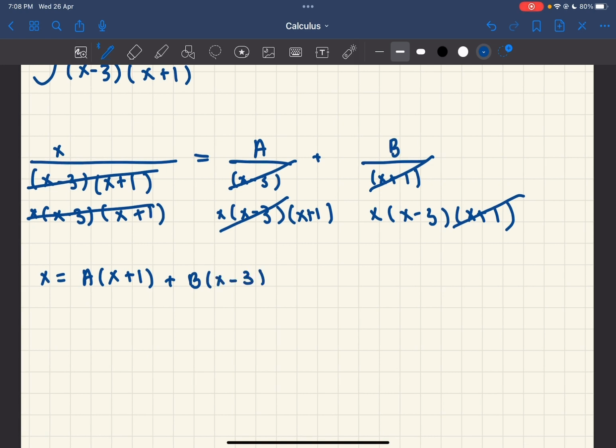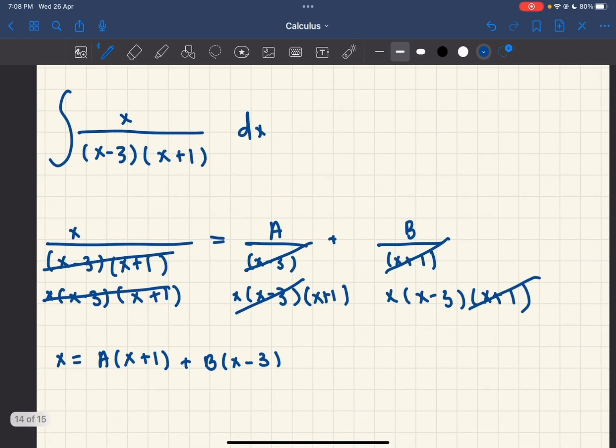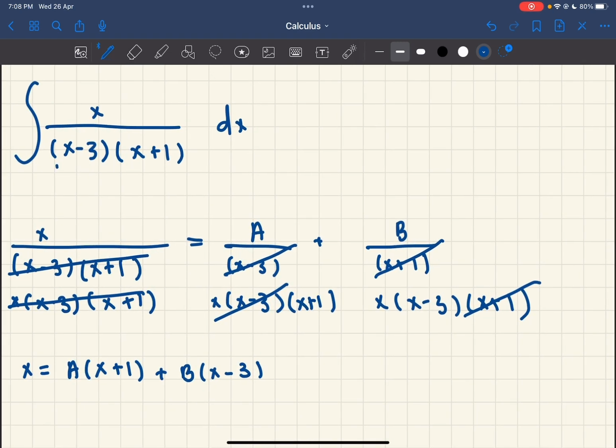Now that we have gotten rid of the fractions, we want to find the constants, and we want to substitute the roots. So basically, we're now going to set these brackets equal to 0.